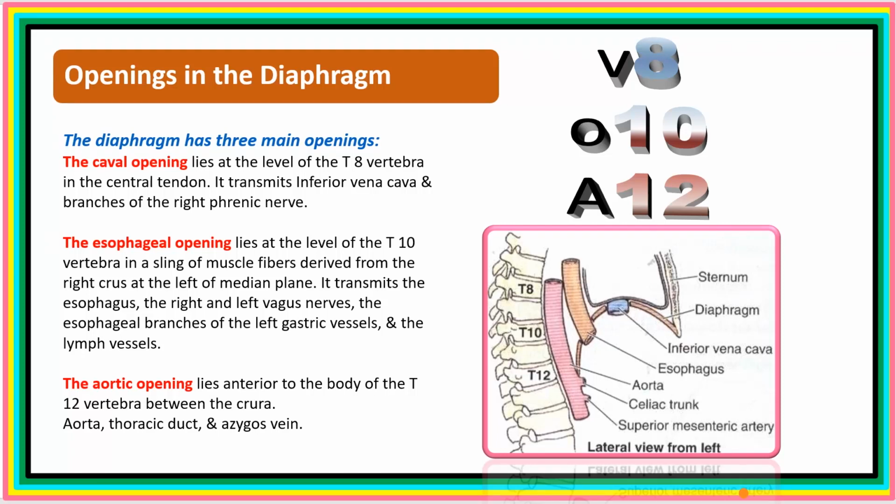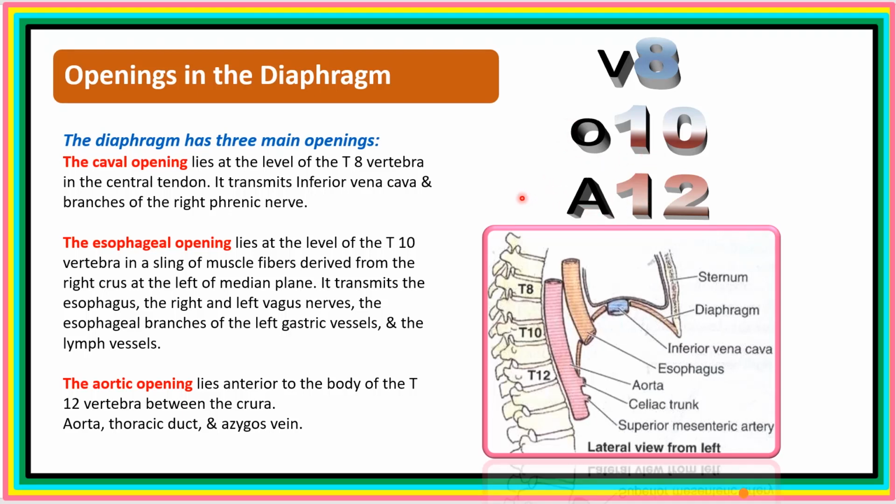So the landmark for the inferior vena cava opening is at the level of T8 vertebra, while that for esophagus is at the level of T10, and that for abdominal aorta is at the level of T12. And that is what this illustration represents: inferior vena cava at T8, esophagus T10, and then the aorta at T12.